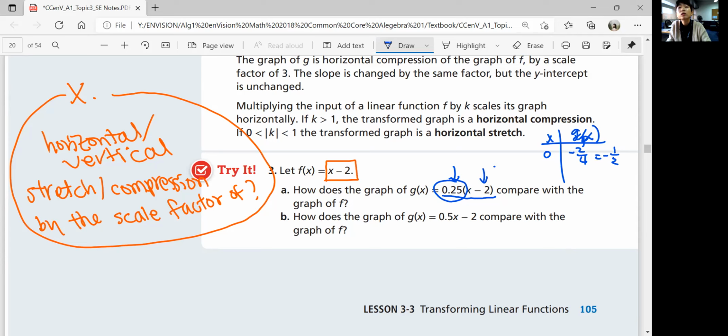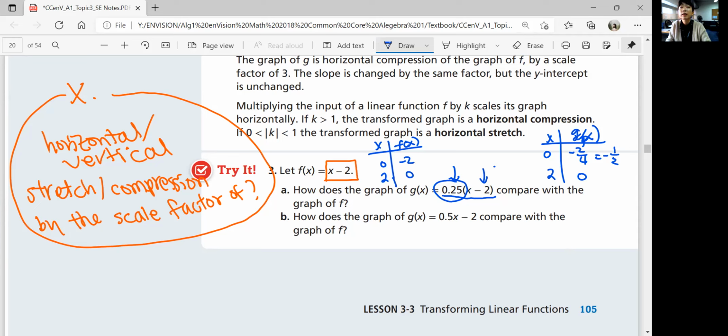What about 2? 2 minus 2 is 0, so g of x is 0. And what about f of x? If x was 0, f of x was simply negative 2. If x was 2, f of x was simply 0. So 2 comma 0 would be the point that they have in common.